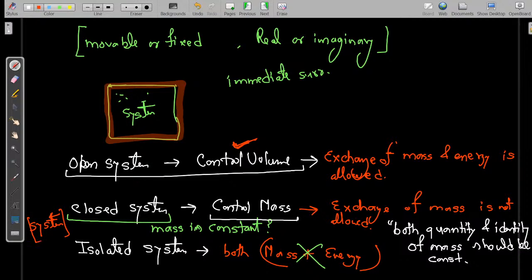Keep that in mind. If somewhere you are finding it is written only system, then system means it is a closed system. And if it is written that control volume, then it means it is an open system. Okay, you will study these terms in your fluid mechanics.